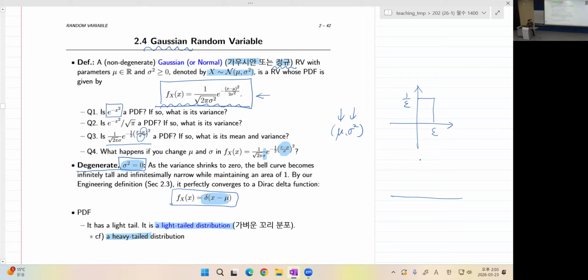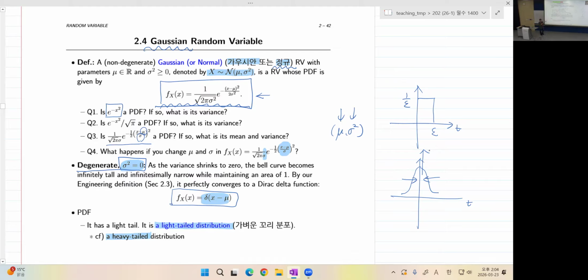Sometimes we use Gaussian pulse. And we shrink this width. And then the height explodes. And actually, this Gaussian time function, in that case, well serves as the Dirac delta function if sigma is small enough.